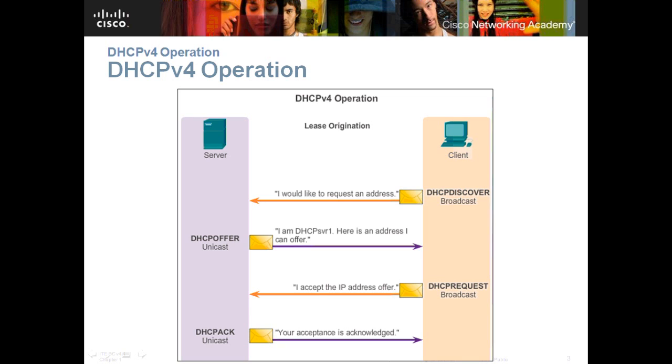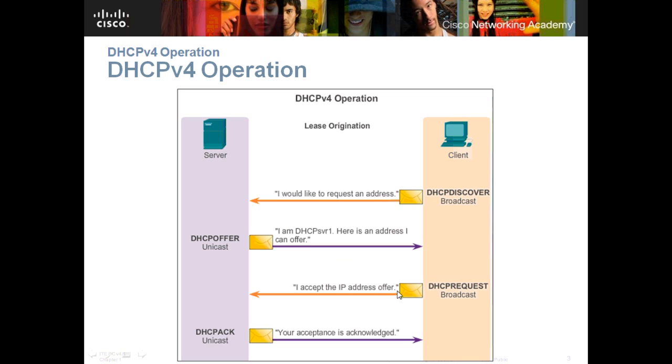The client tries to discover a DHCP server by sending a broadcast message. He says, I would like to request an address. Any DHCP server will offer, will notify that he is the DHCP server and give address information that he can offer the address to the client.